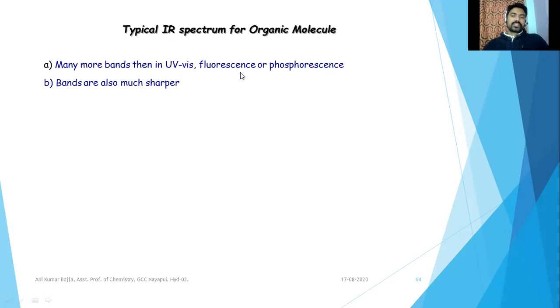Fluorescence is a property, and phosphorescence is also a property, seen when an electronically excited molecule undergoes deactivation. If a molecule absorbs energy, it undergoes some physical changes.